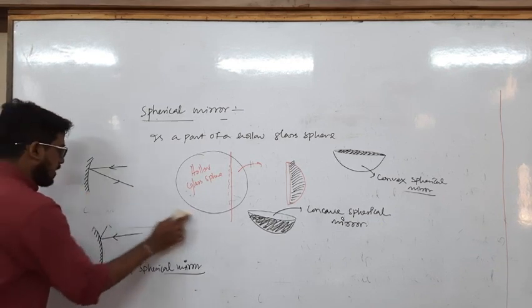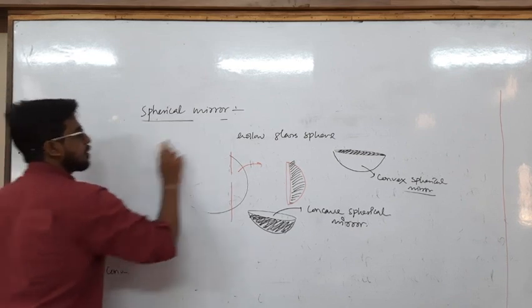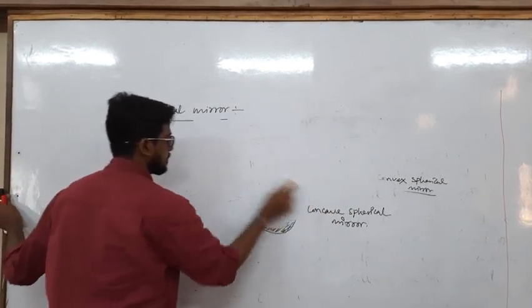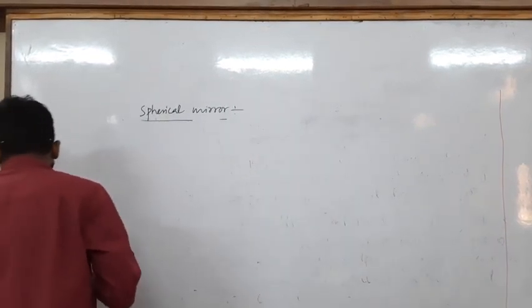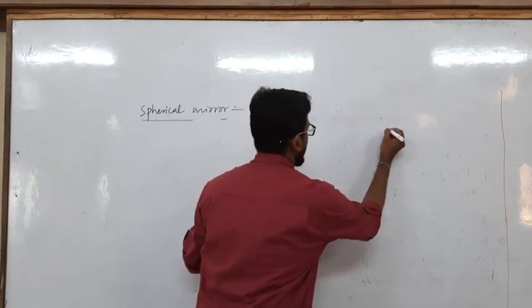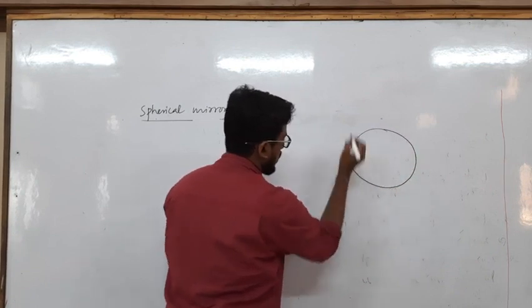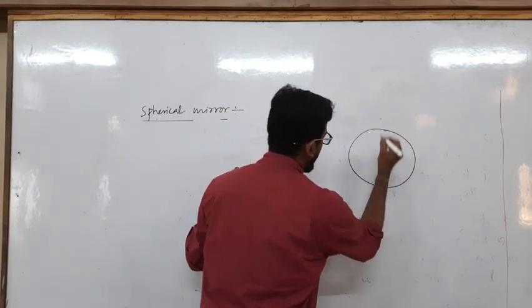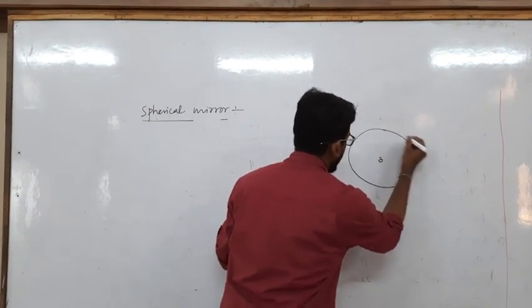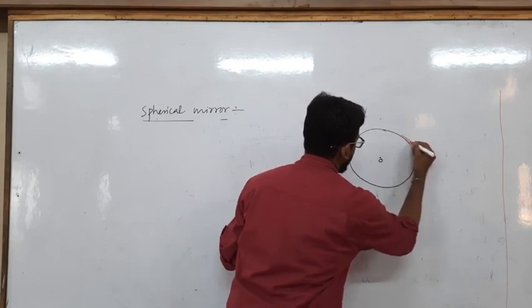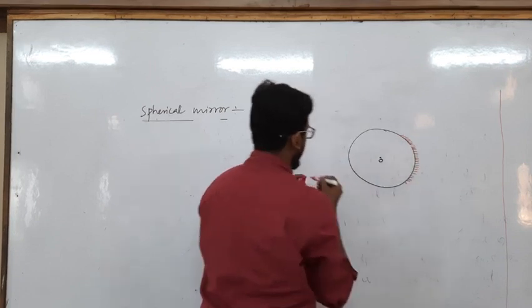Next, we have to deal with some terms regarding the spherical mirror. Here, this is a hollow glass sphere, this is the center O, and I am cutting a sphere like this. This is the spherical portion I am taking, so it will look like this.